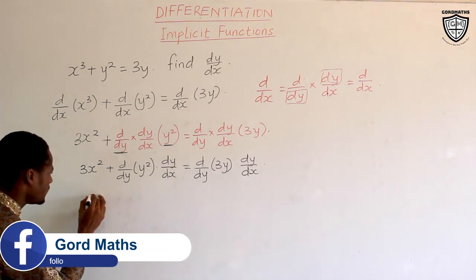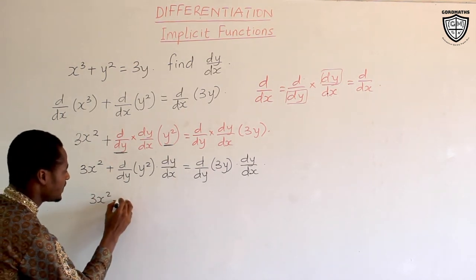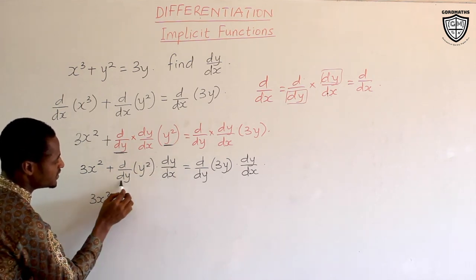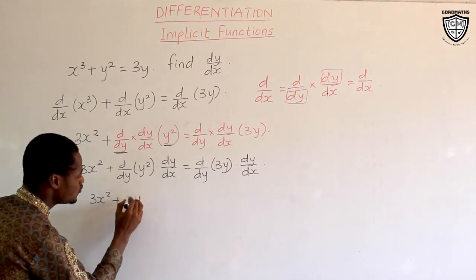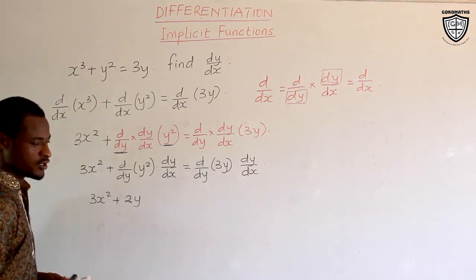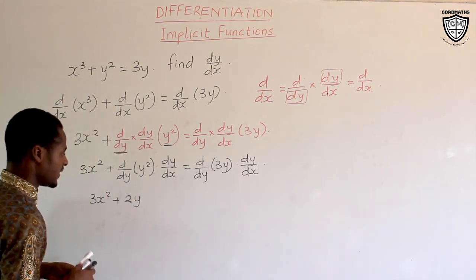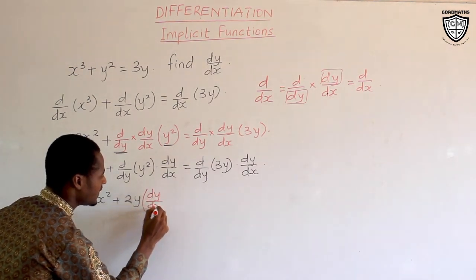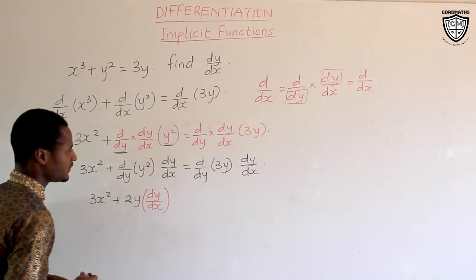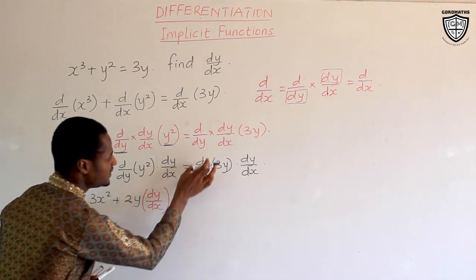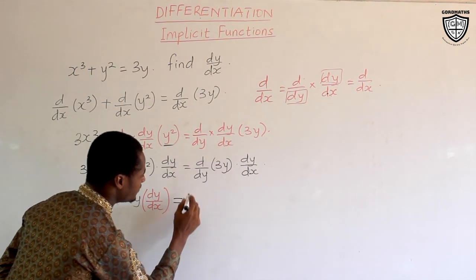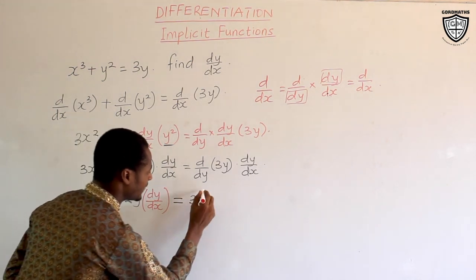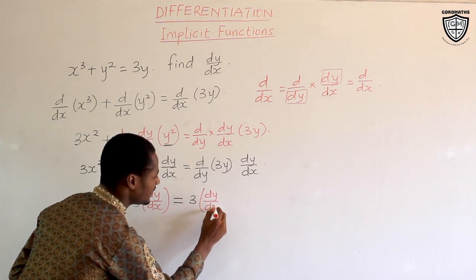So we will have 3x squared plus d dy of y squared, that is the derivative of y squared with respect to y, will give us 2y using the general rule of differentiation. And this is multiplied by dy dx. Then that is equal to d dy of 3y using the general rule will give us 3. And that is also multiplied by dy dx.